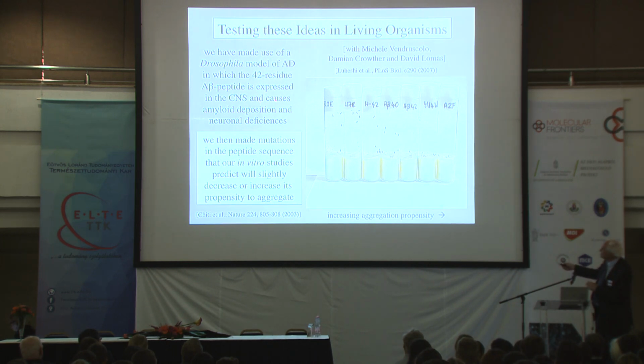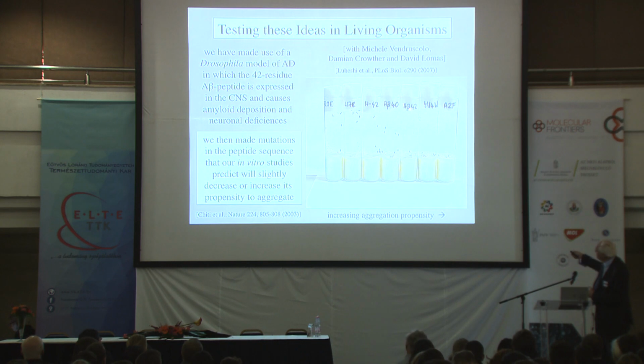But we chose strains where you can see amyloid deposition and neuronal damage. And we then made mutations in the sequence that we predicted from our test tube experiments would make this peptide a bit more aggregation prone or a bit less aggregation prone. For example, put a stickier group in or a charged group. And then this is a series of these.